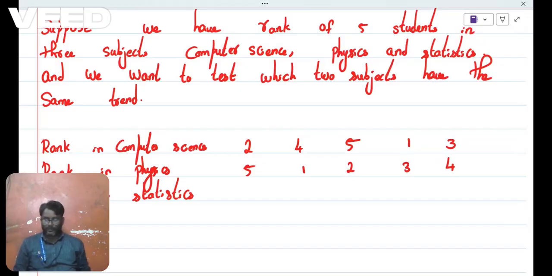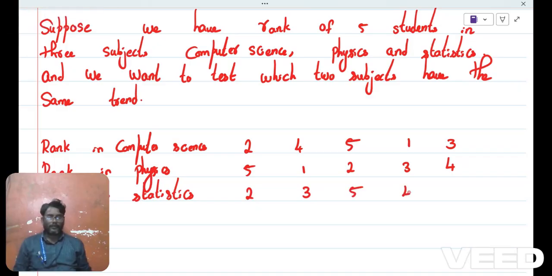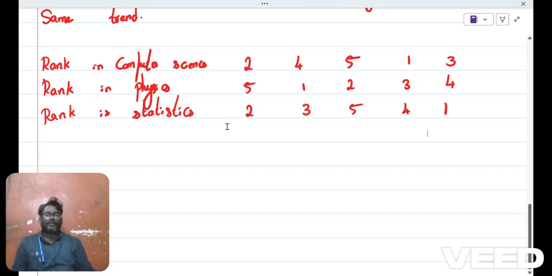Next, for statistics, 2, 3, 5, 4, 1. Same trend means the rank correlation coefficient is positive. So here we want to find which 2 subjects have the same trend.